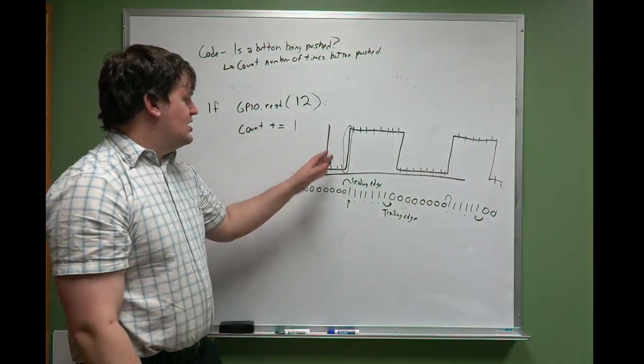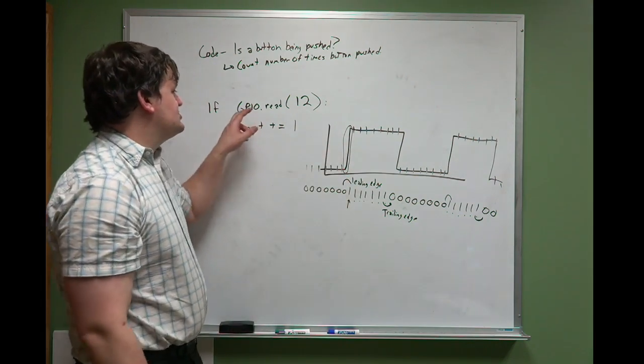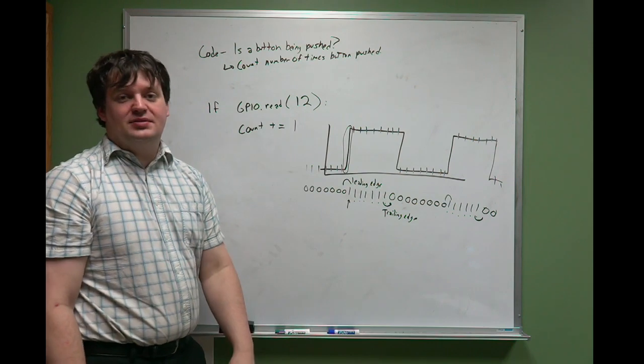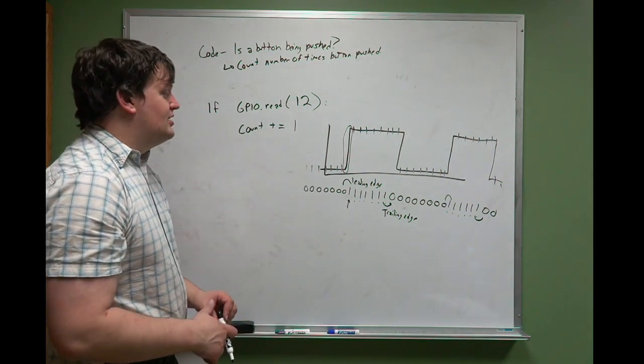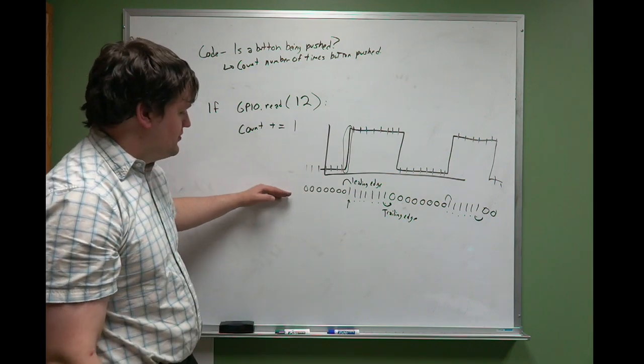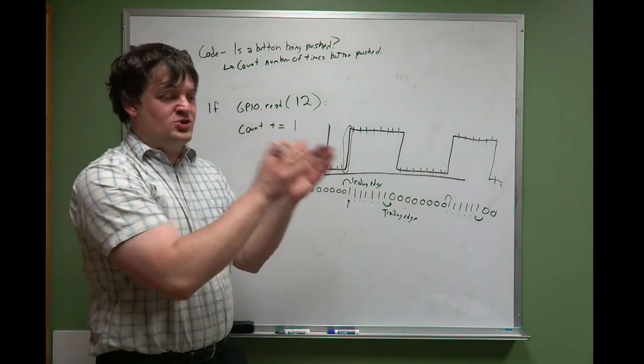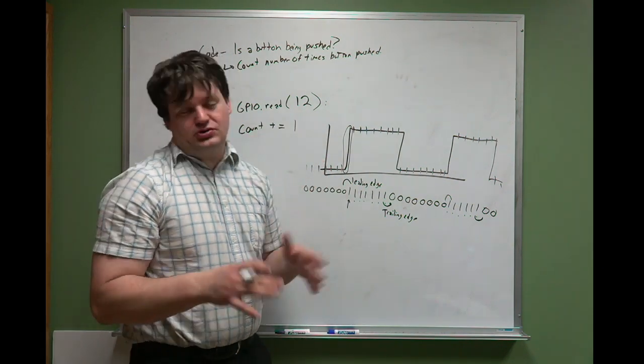So if we can detect only the front edges, and instead of just saying if it's on, we detect the front edge, what we end up with in this code is this: anything where it goes 0, 1 is the leading edge, which it is.